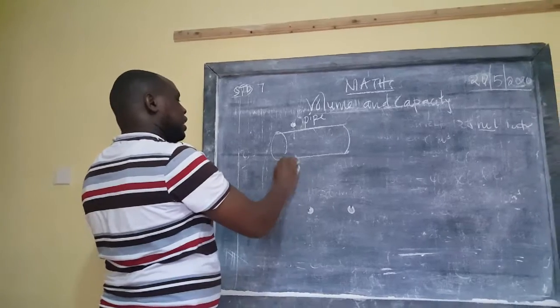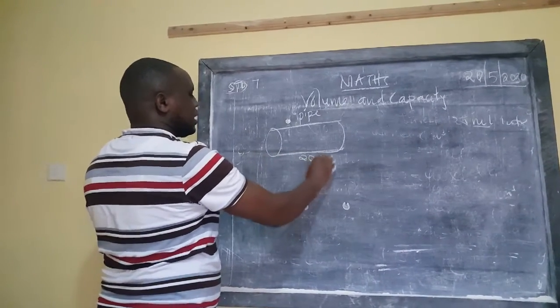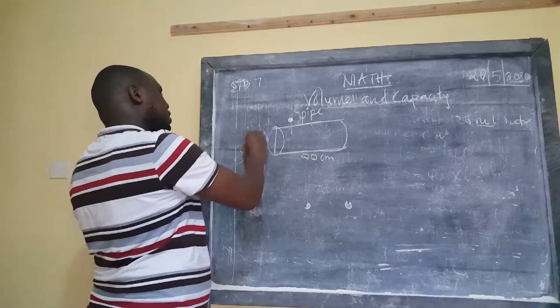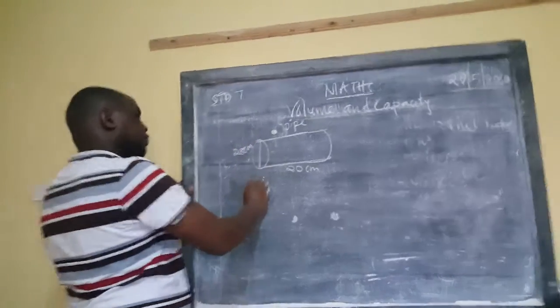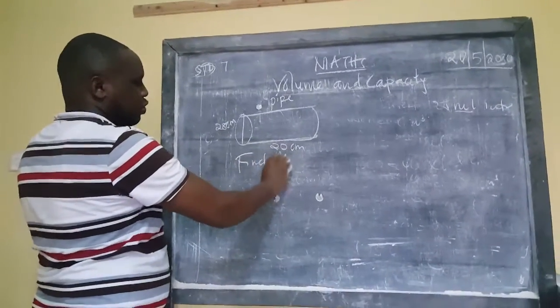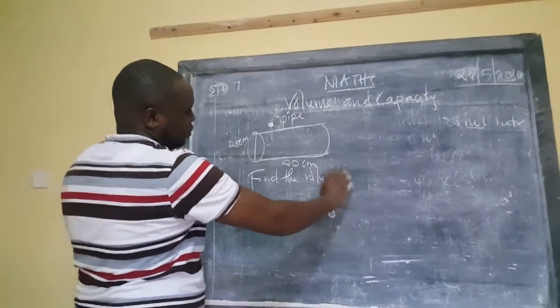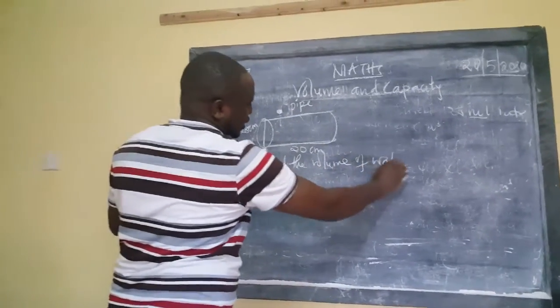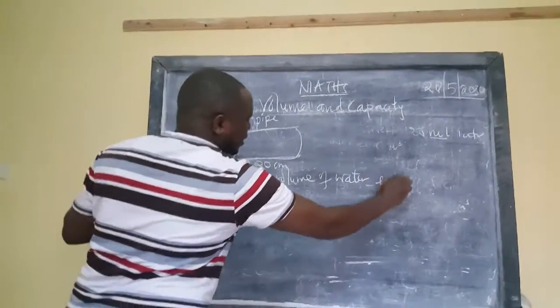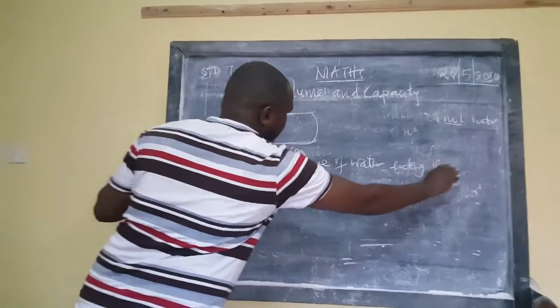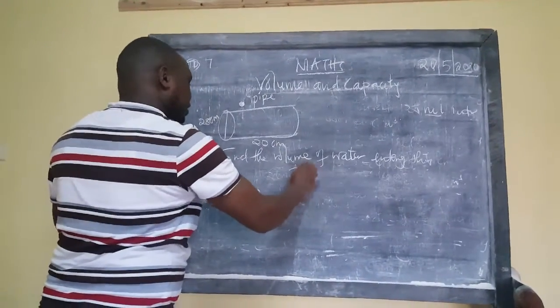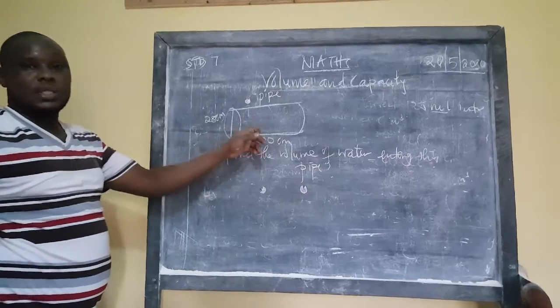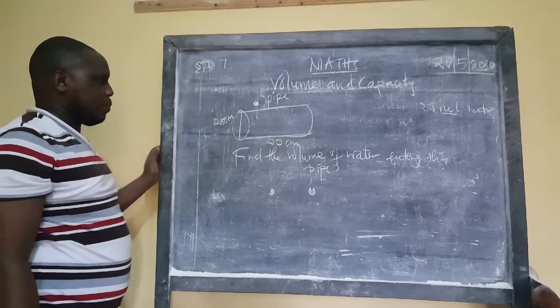You're told that the length of this pipe is 20 centimeters and the diameter is 28 centimeters. Find the volume of water entering this pipe at a time.